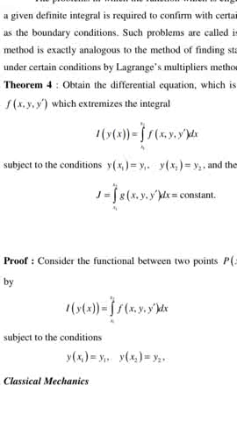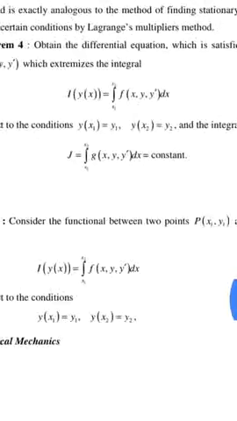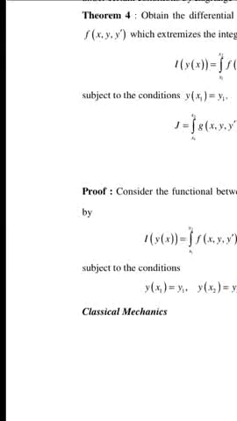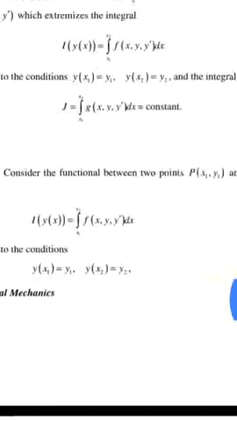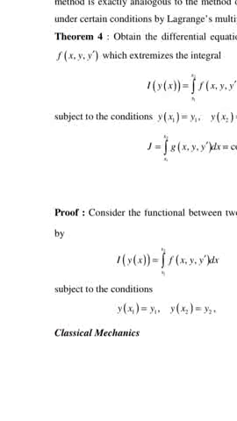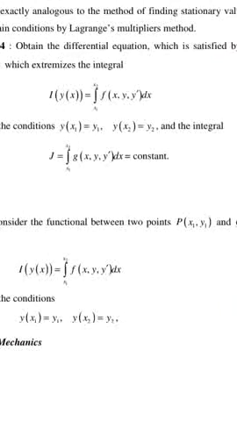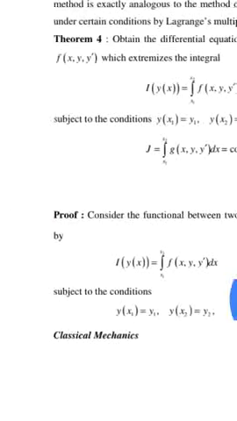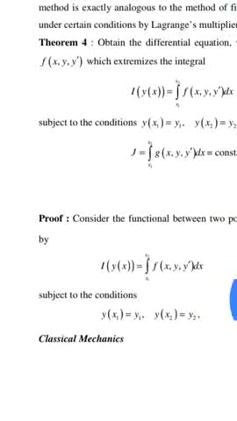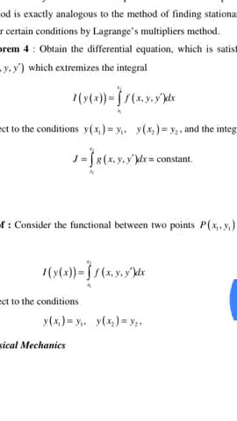Theorem for isoperimetric problem: obtain the differential equation which is satisfied by the function f of x, y, y dash, which extremizes the integral I of y of x equal to the integral from x1 to x2 of f of x, y, y dash dx, subject to the condition y of x1 is equal to y1, y of x2 is equal to y2, and the integral J is equal to the integral from x1 to x2 of g of x, y, y dash dx is equal to a constant.